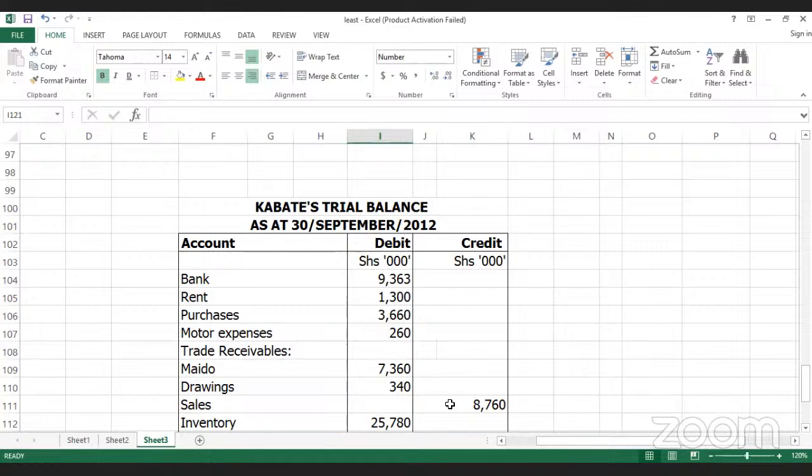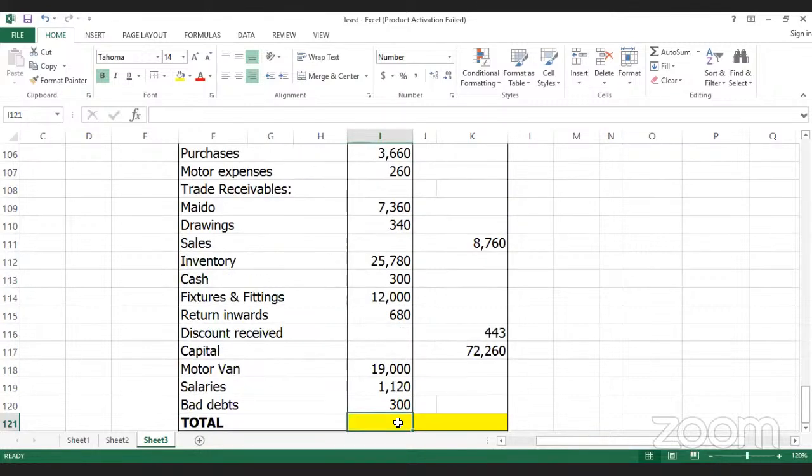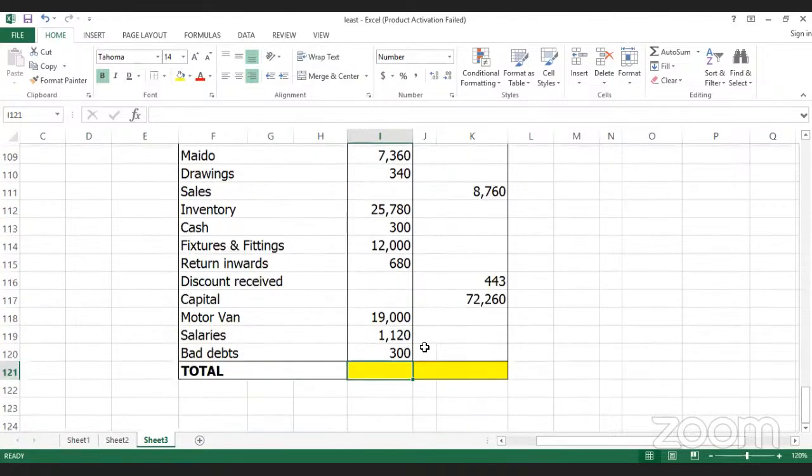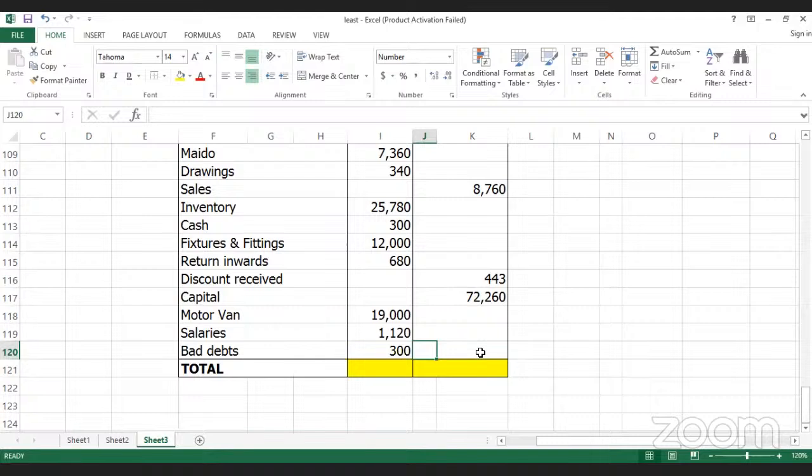Emma, what totals do you have on the debits? I want to see the totals you have.